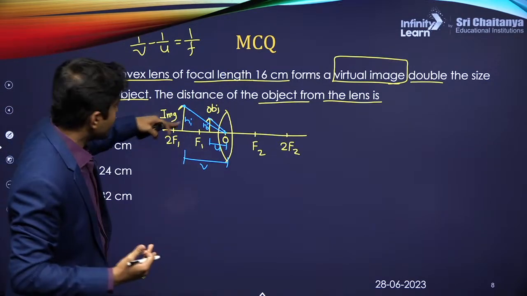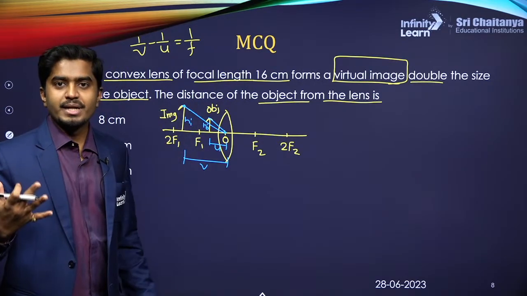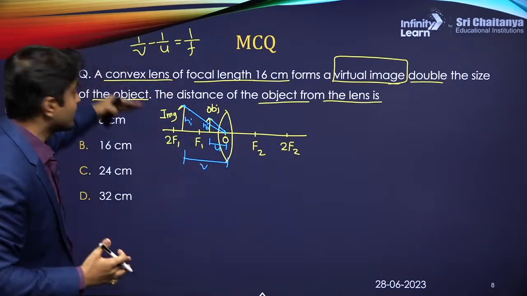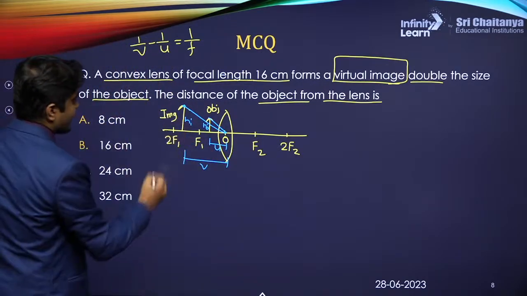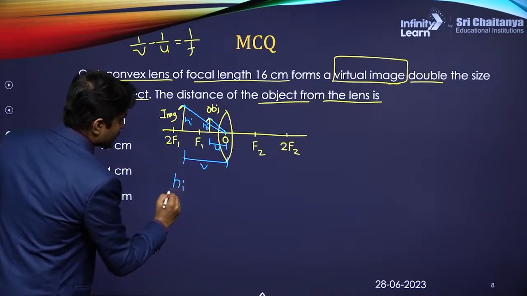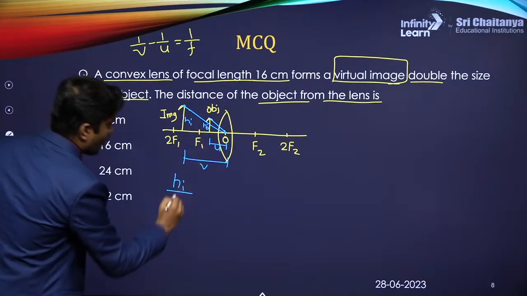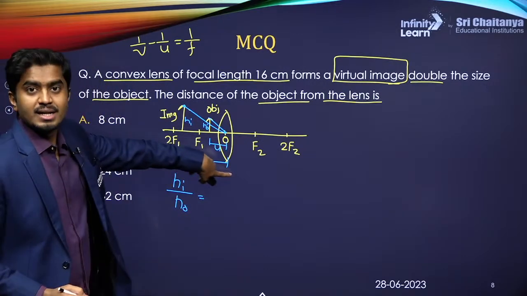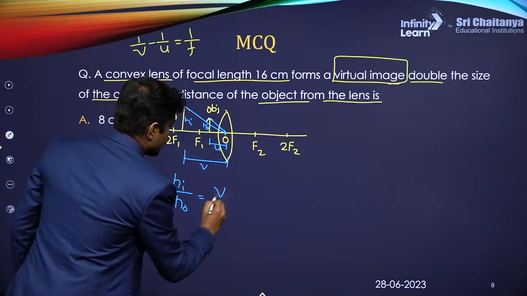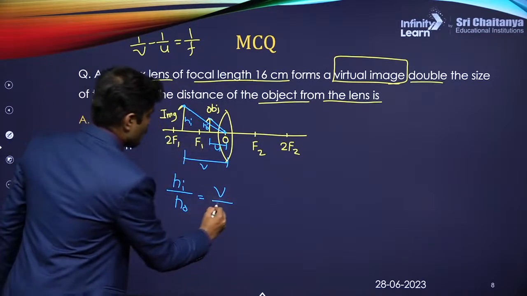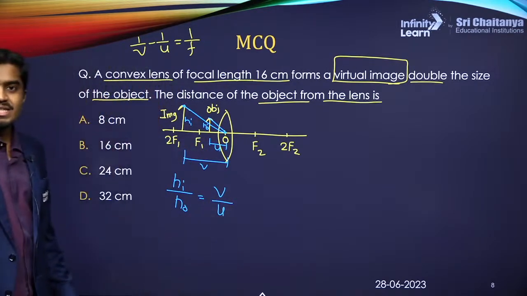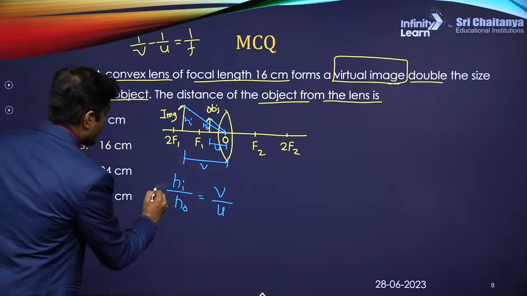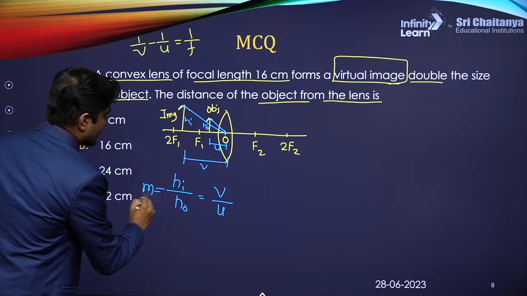When you have similar triangles, the sides are in equivalent ratio. So you can write height of the image divided by height of the object is equal to V, the image distance, divided by U. This is nothing but the magnification. This is called the magnification of the lens.